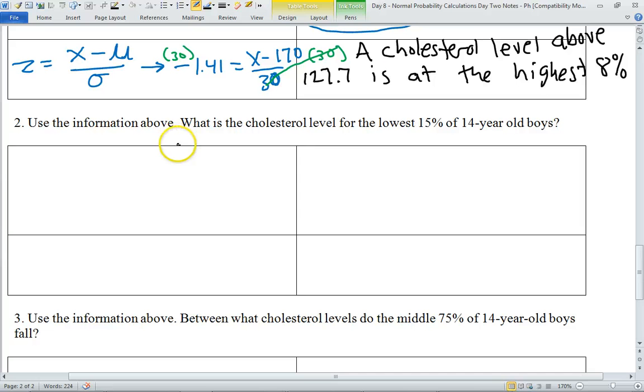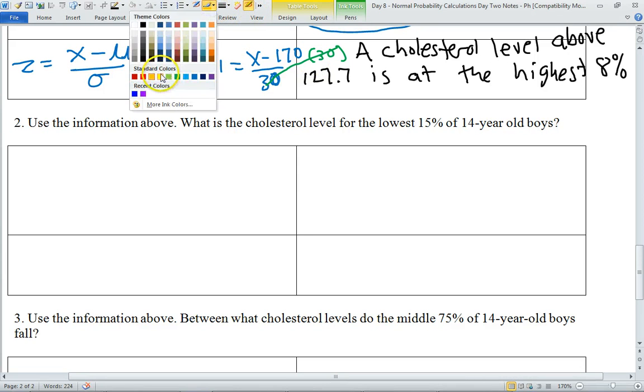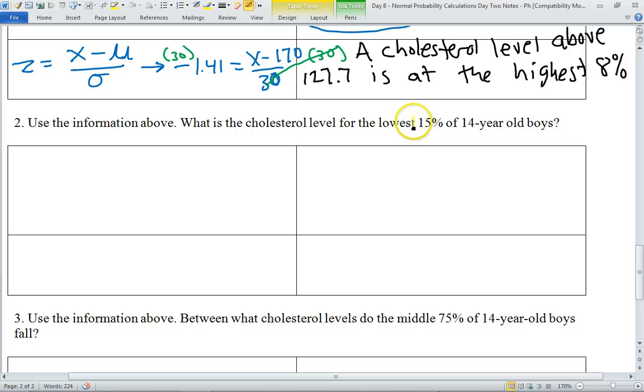Is this a problem where I have to work backwards, starting with the chart? I know I have to work backwards anytime I'm starting with the percent. This says the lowest 15%. As soon as I'm given the percent and asked what level, I have to work backwards, starting with the chart.